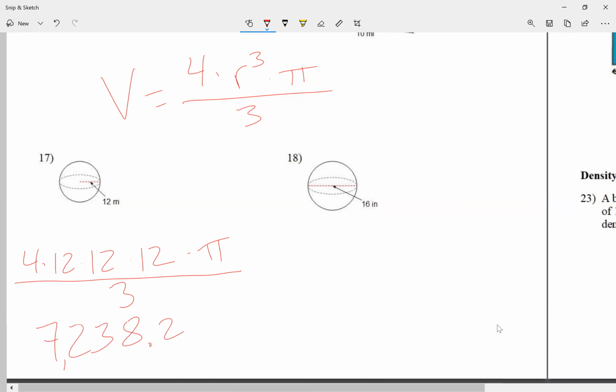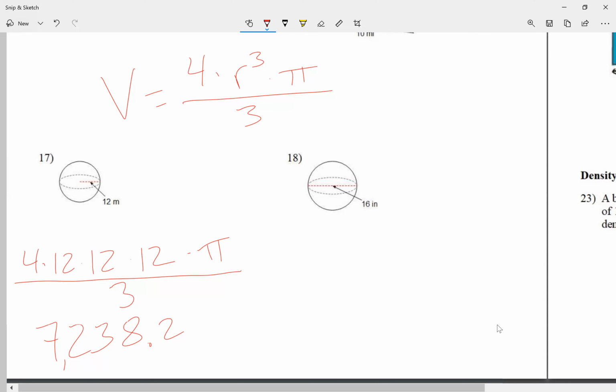If I had to round it to 2 decimal places, it would have been 7,238.23. Make sure you pay attention to the instructions. On my notes, it says round to the nearest tenth, so 1 decimal place. In your homework, I might ask you to round to a different decimal place, so make sure you pay attention to your instructions.